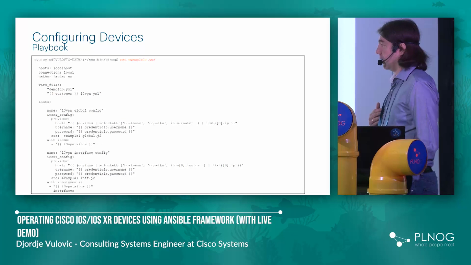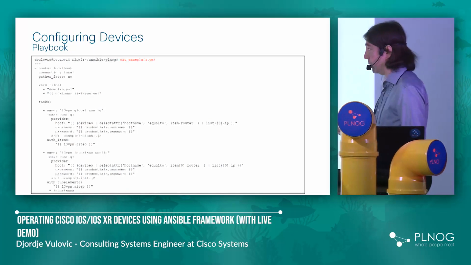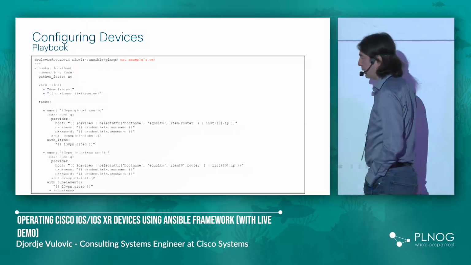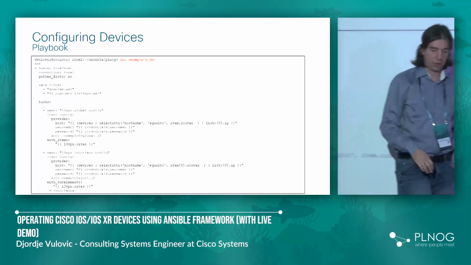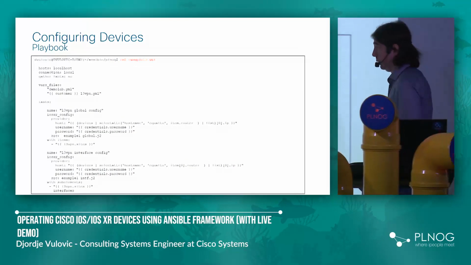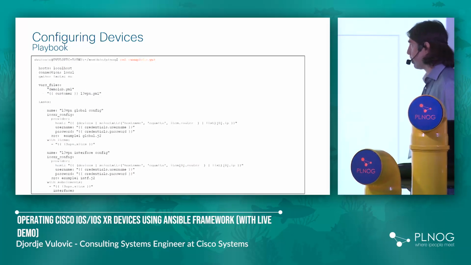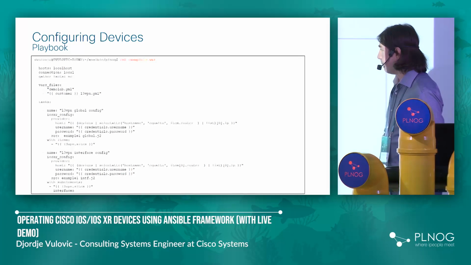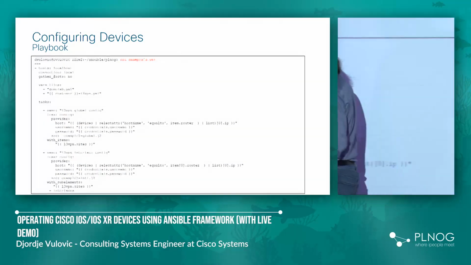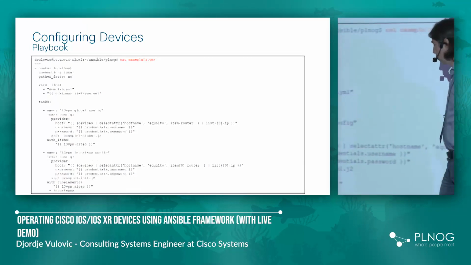So this is now the real playbook for this configuration. It's more or less the same as the previous one. However, instead of the template Ansible module, which produces a file, we will now use the IOS XR config module in here. What it actually does is it first goes to the list of sites you provided, and for each site, it calls this module.